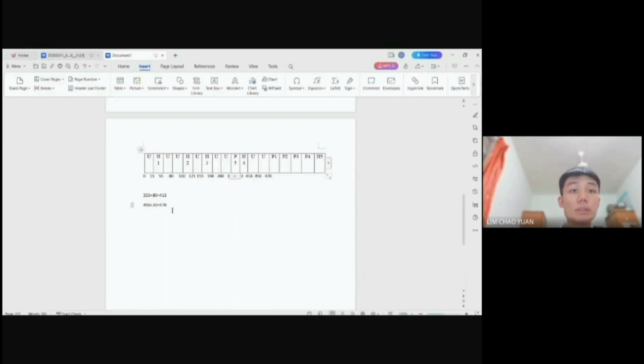The P2 value is 15. So we take the 417, we plus 15. So we get the number 419. Identify 415, sorry. 85.